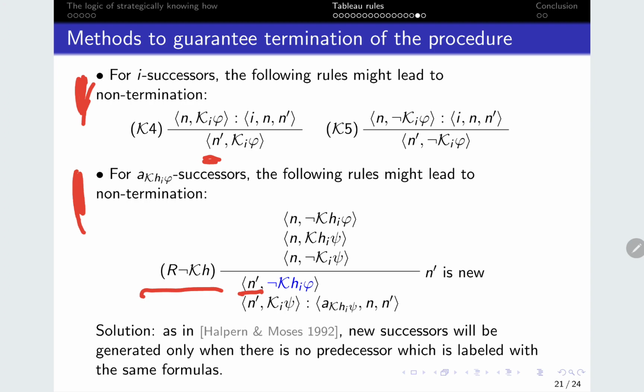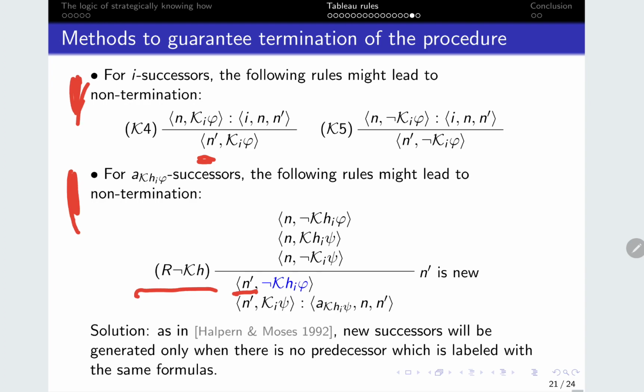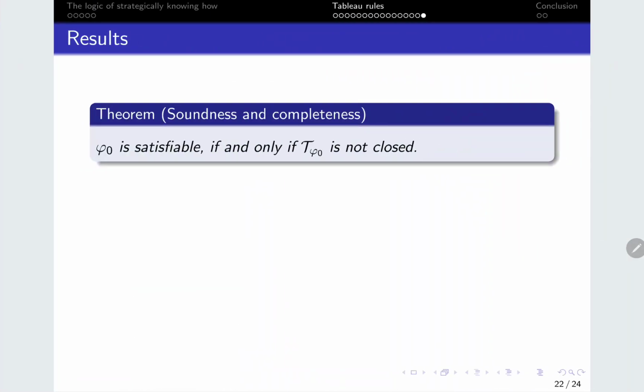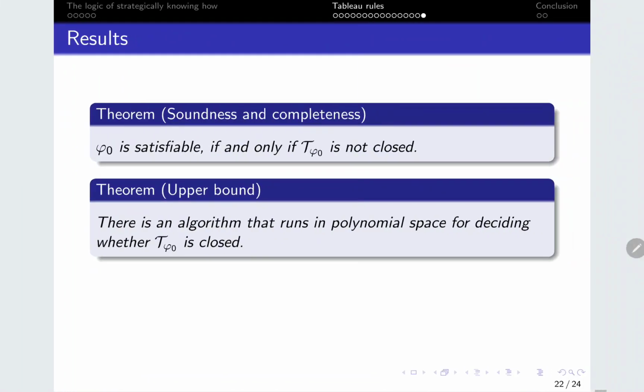And the solution is also given in the paper by Halpern and Moss. The solution is that new successors will be generated only when there is no predecessor labeled with the same formulas. In this paper we show the completeness and the soundness of this Tableau system.